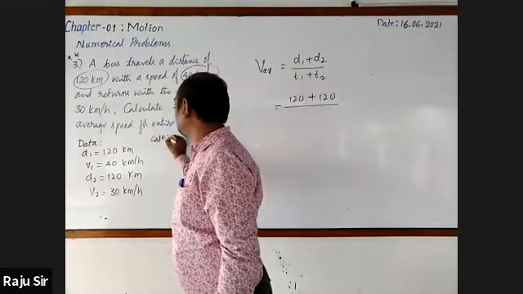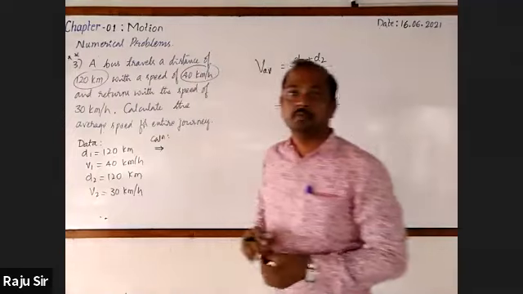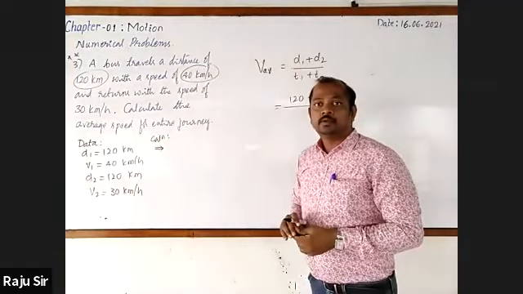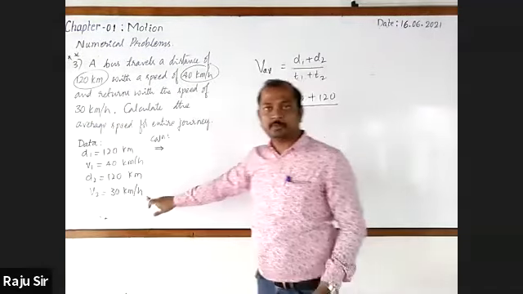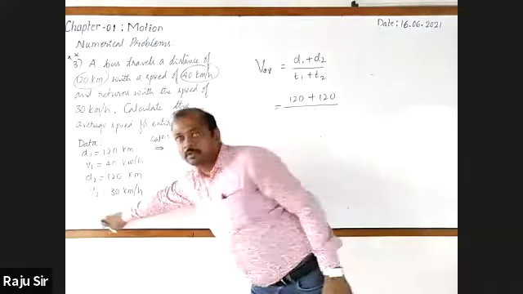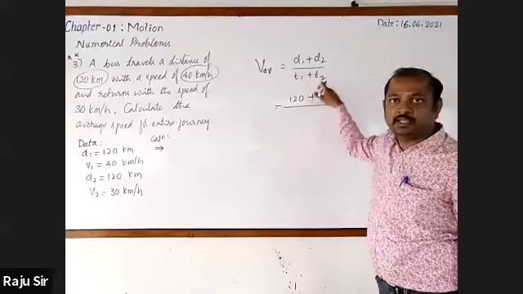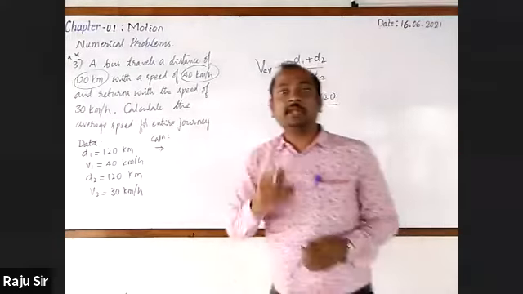Calculate. Have you copied up to here? To find out the average speed, you must know time taken in each case. What is the time formula? Time is equal to distance by speed.